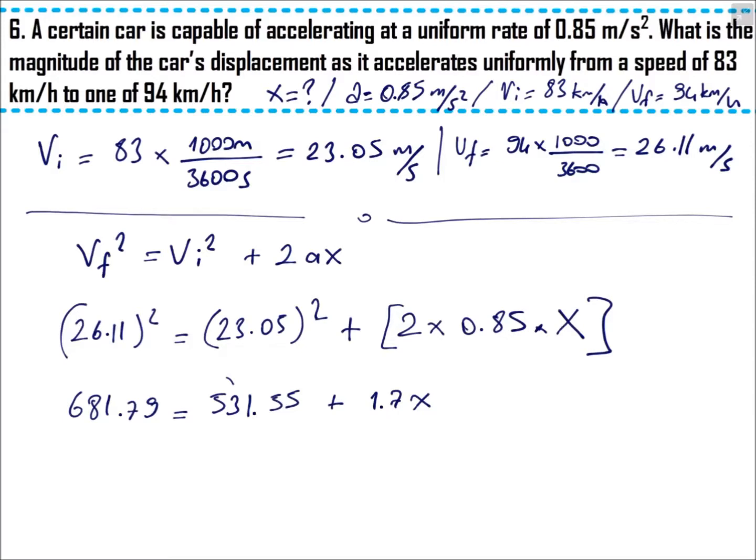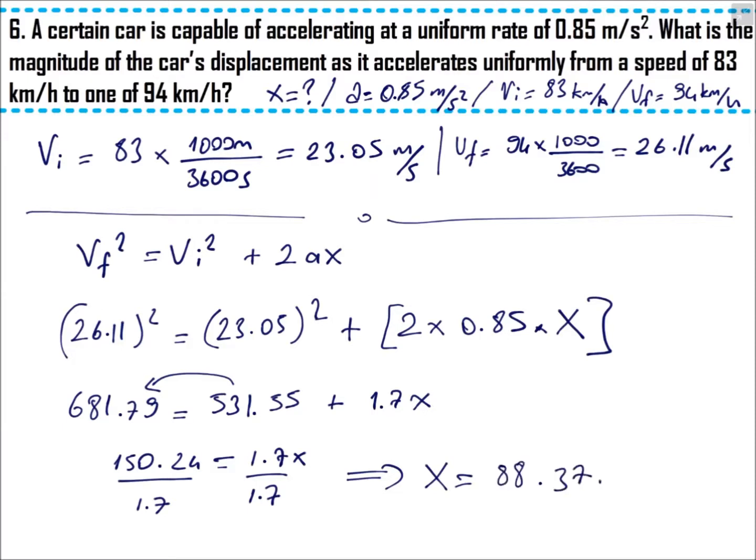I will send 531.55 to the left side. The result will be 150.24, which is equal to 1.7x. So I will divide both sides by 1.7 to calculate x. So x is going to be equal to 88.37 meters. Thanks for listening.